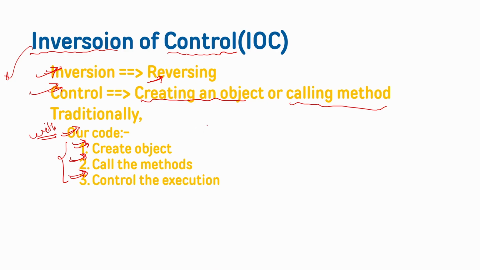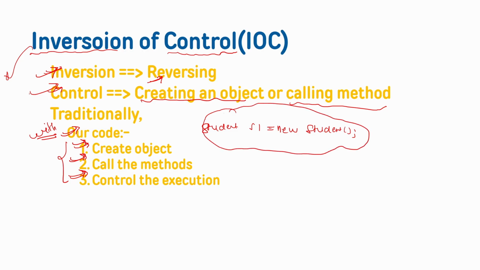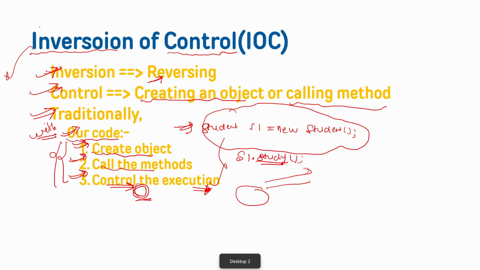For example, when we write Student s1 = new Student(), our code creates the new object. And when we call s1.study(), we are only calling the method. Traditionally this is what happens.